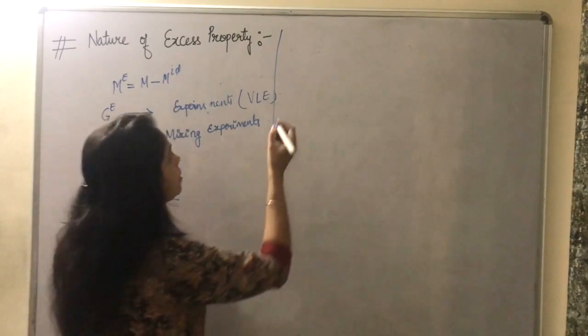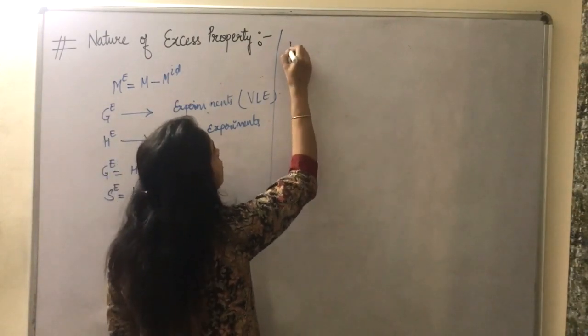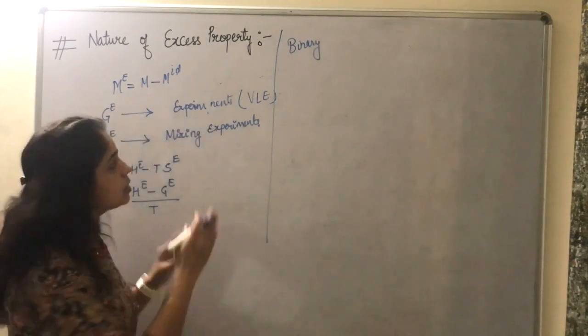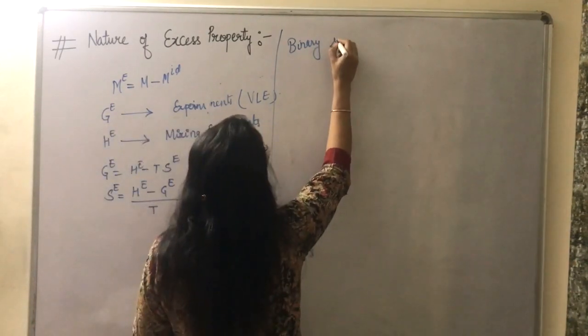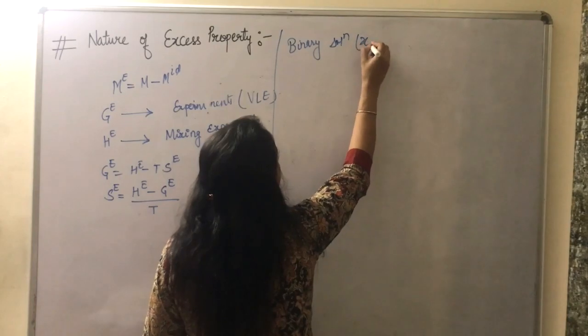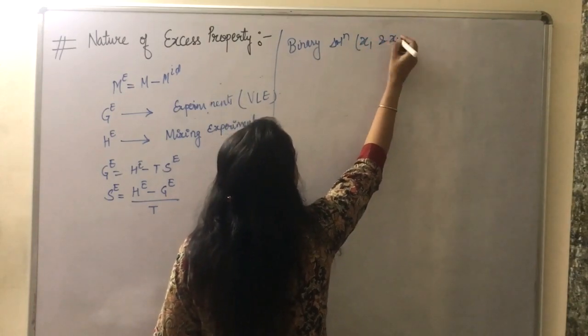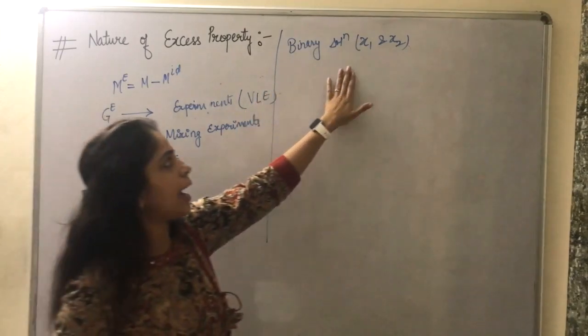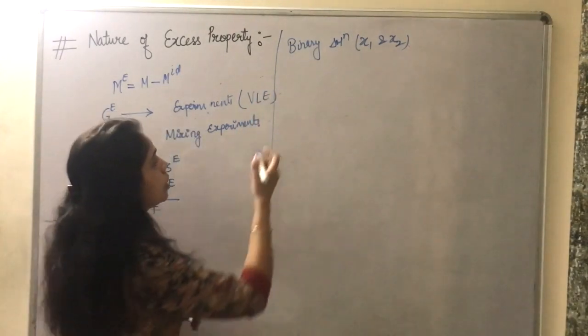Now let's say we have a binary solution. To understand the nature of this, in the binary solution we have two components, and the composition mole fractions of the two components are denoted by x1 and x2.